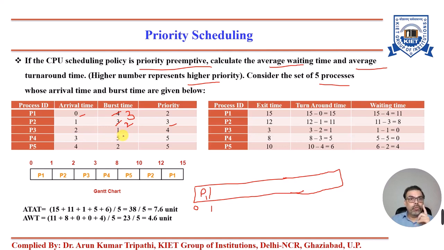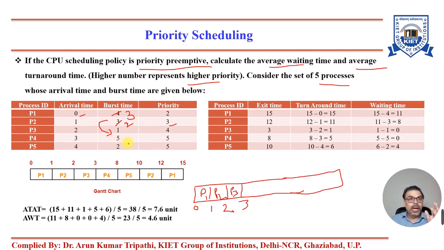So it will check the priority of that process. Its priority is 4, higher than the priority of P2. So process P3 has the higher priority than P2, and the processor will switch over from P2 to P3. P3 requires only a single unit of time, so P3 will execute now.